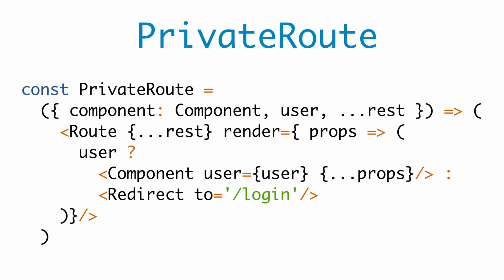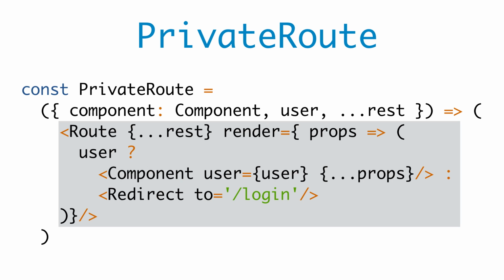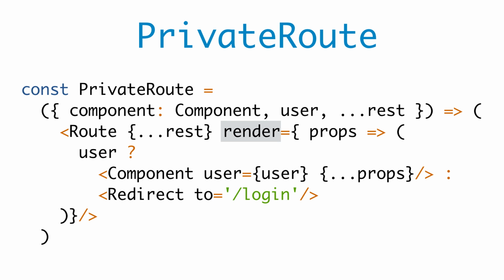It's a little bit intimidating if you're new to React, but I'll just briefly walk you through it. It's just a stateless functional component that takes another component as an argument and a user. It renders a route dynamically. That route has a render method that, as we saw before, checks for the presence of the user. If the user is defined, then it will render the component you provided to it and pass the user through.